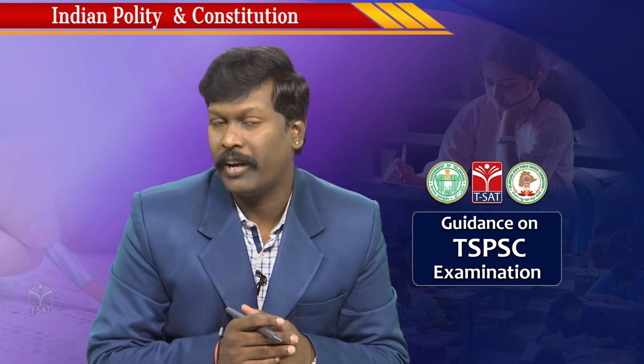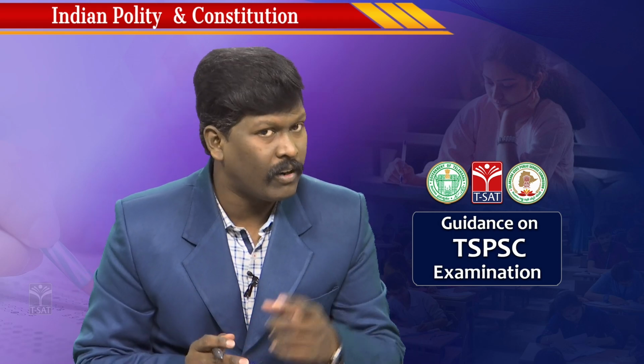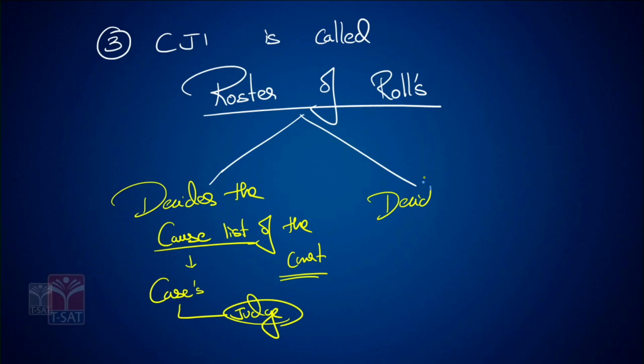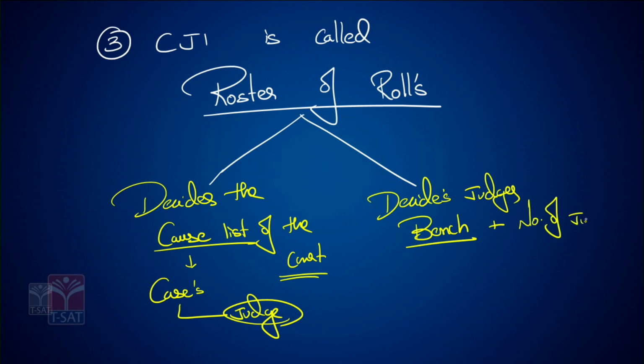The second important reason he is called the master of the roster is that he also decides the bench, the judges bench, as well as the number of judges in a bench. What is the meaning of this?